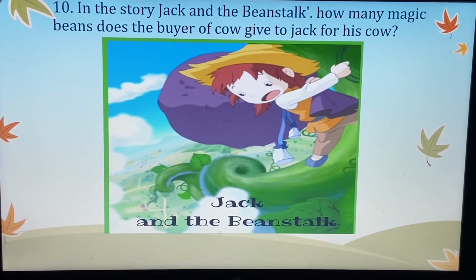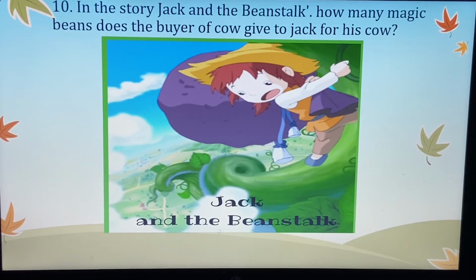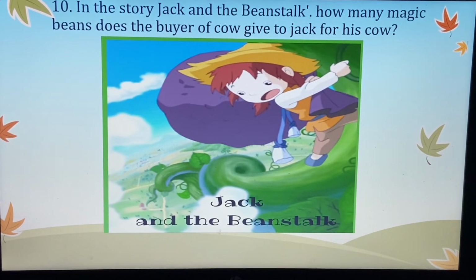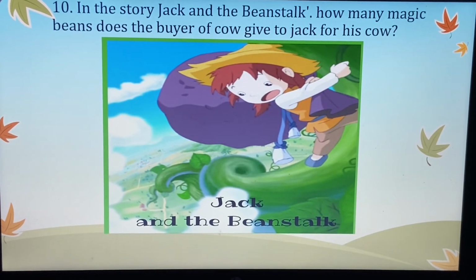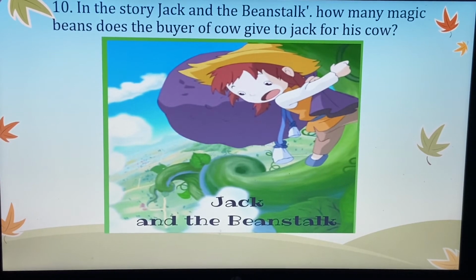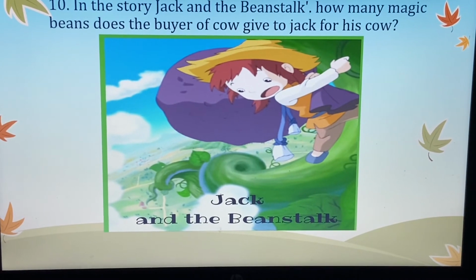Another beautiful bedtime story is here. In this story, Jack and the Beanstalk, how many magic beans does the buyer of a cow give to Jack for his cow? So we need to find out how many magic beans the buyer, जो खरीदार था जिसने जैक की काव उससे खरीदी, उसने जैक को कितने मैजिक बीन्स दिए थे?